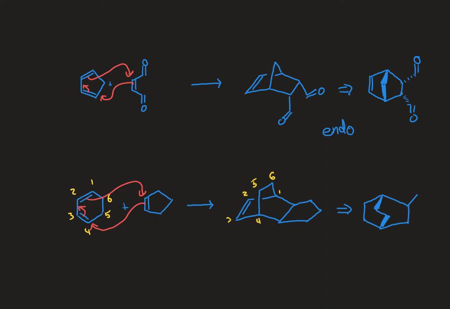The bridge is going up, and so my substituents must also be going up. And so I'm going to draw everything on wedges. Again, if I number my carbons, this is 1, 2, 3, 4, 5, and 6. And so because it has no pi electrons in the dienophile, this is likely going to favor the exo product.